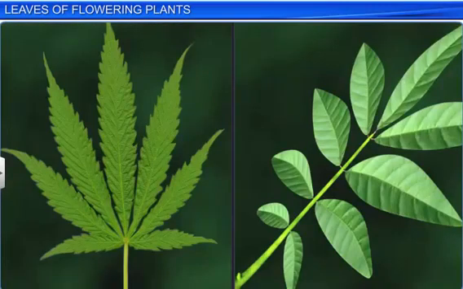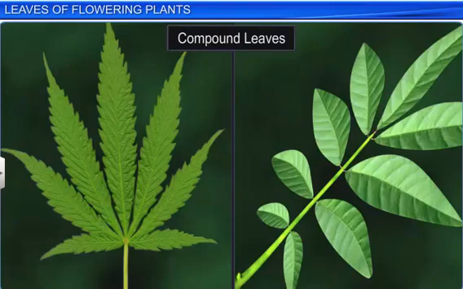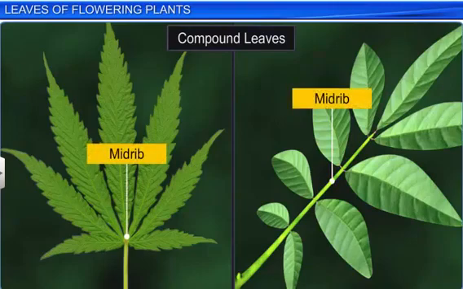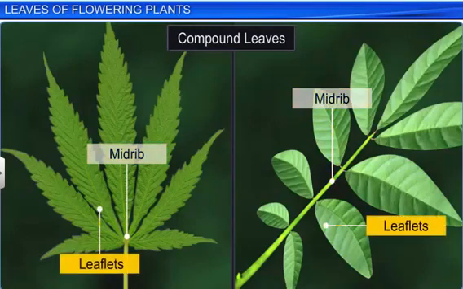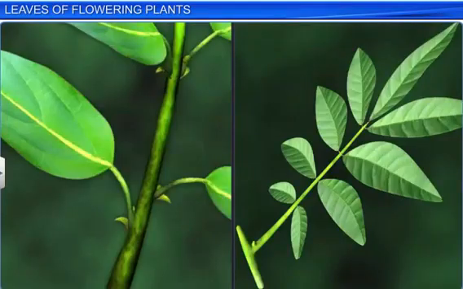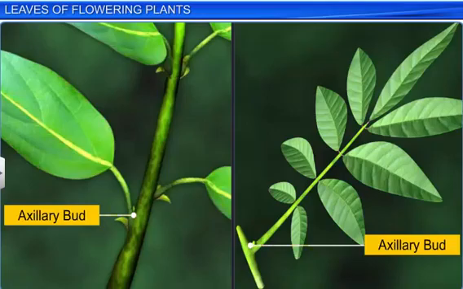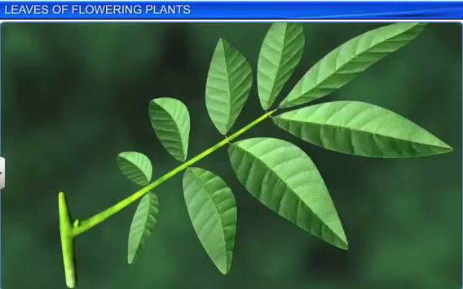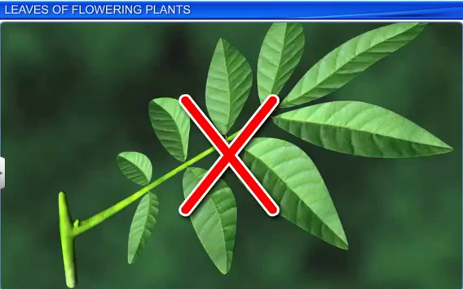On the other hand, in compound leaves, the incisions reach the midrib and break it into several leaflets. Both simple and compound leaves have a bud in the axil of their petiole. However, buds do not develop in the axil of the leaflets of a compound leaf.